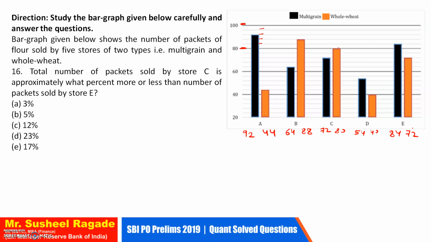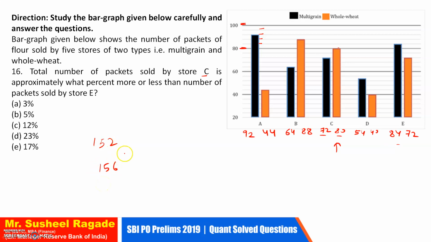Total number of packets sold by store C. So this is store C. What is the total? Total is 152. 80 plus 72 is 152. 152 is what percent more or less than the number of packets sold by E? So A is 156. So it is very easy.